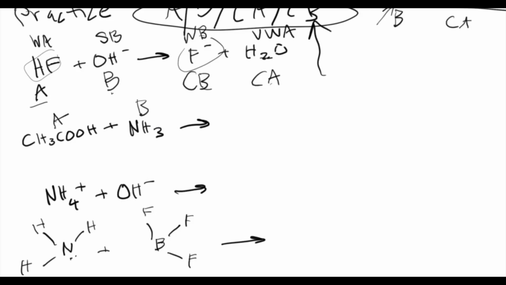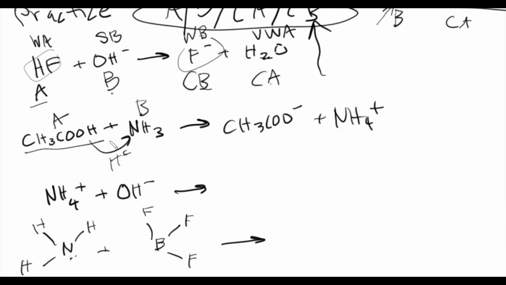Since it's the acid, it will transfer an H+, and what we end up with is CH3COO- and NH4+. Now it's up to you whether you want to put aqueous, but for the sake of time, I will not do that. So if this is the acid, that's a conjugate base. If this is a base, then its conjugate will be a conjugate acid. So there you go.